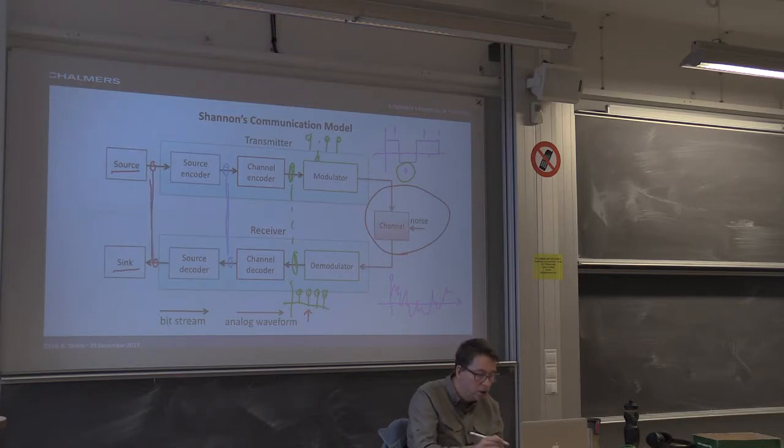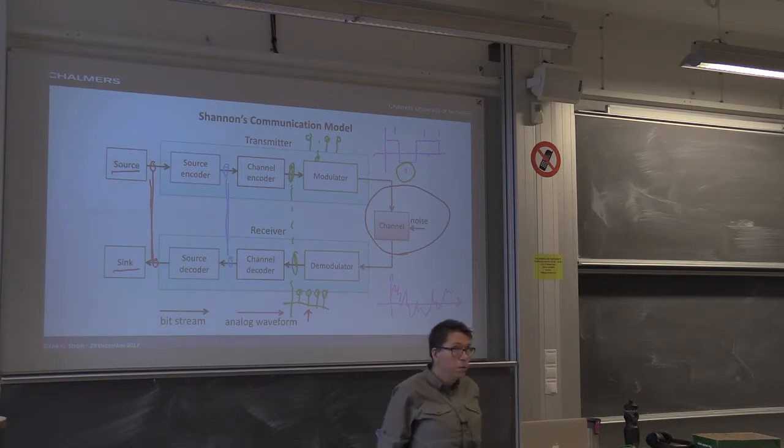So these are actually the same bits. If everything works well, we might have errors here, but that's fixed by the channel decoder, and therefore these bits will be the same, and then when we run unzip, we have the same bits here. Okay. Questions?